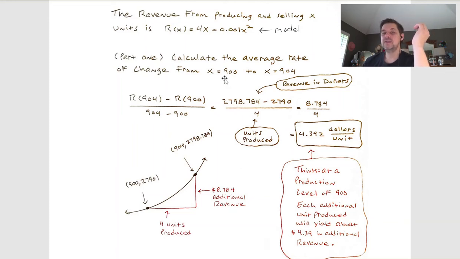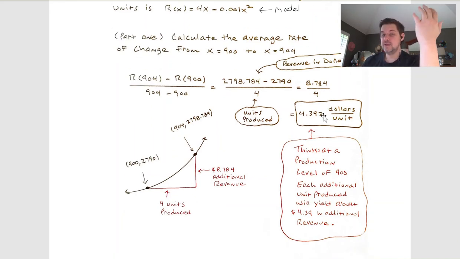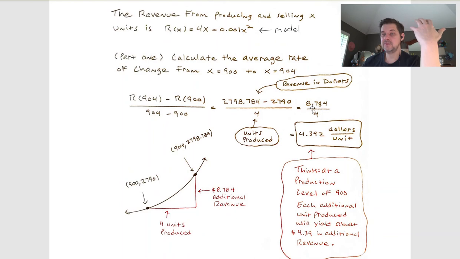And if you plug in 900 into that revenue function up there, you'll get 2,790. Okay? And then on the bottom, 904 minus 900 is 4. So, subtracting these, you'll get 8.784 over 4. All right. Now, we can reduce that. Okay? If you divide, you'll get 4.392.